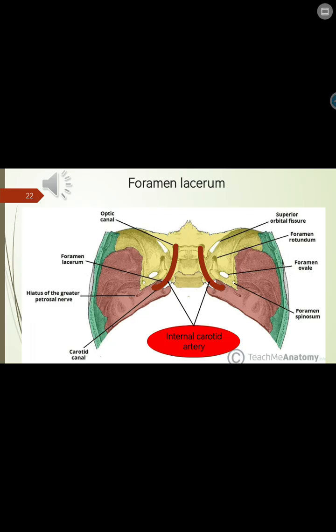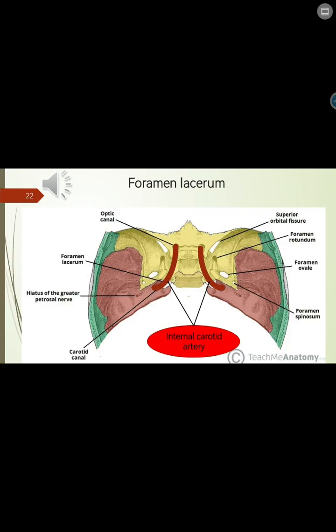Here I draw the internal carotid artery and show you in red color. We can see that this artery exits from the apex of the petrous part and runs in the carotid sulcus on the lateral surfaces of the body of the sphenoid.